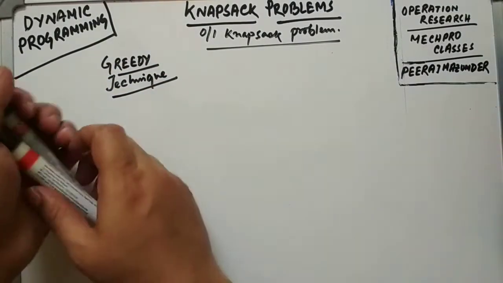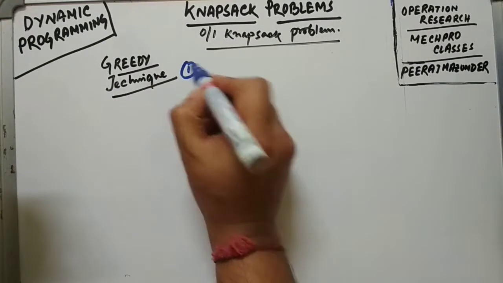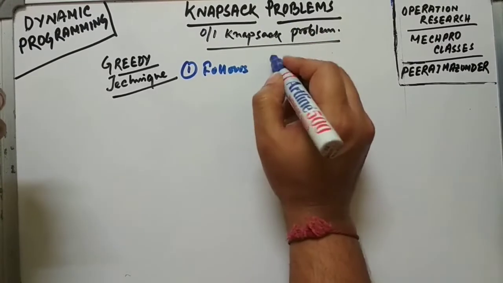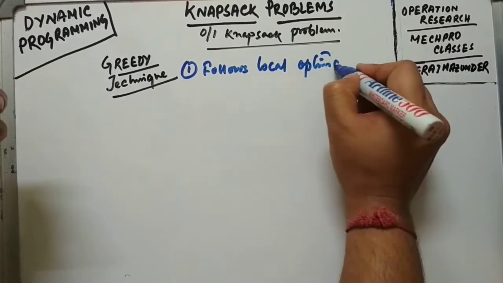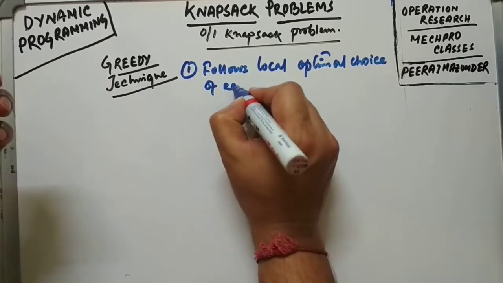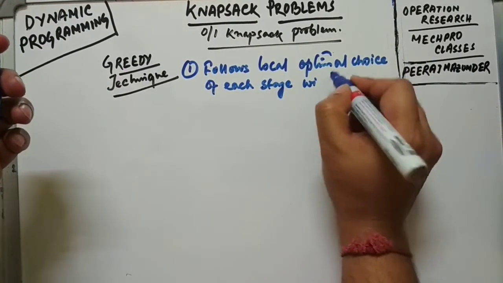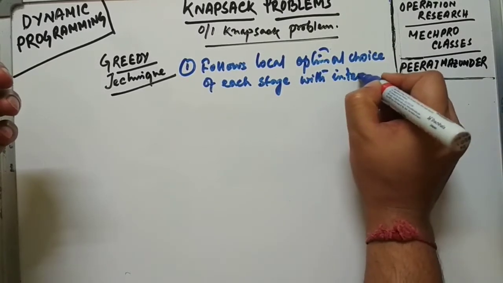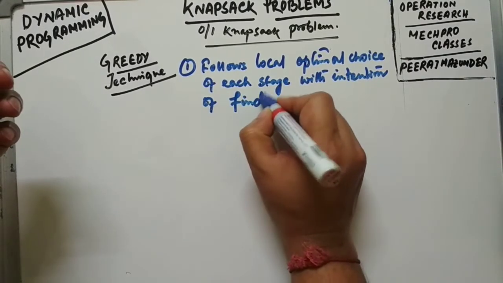Now this greedy technique, in short, I can tell you, you can make a note: it follows local optimal choice of each stage with the intention of finding a global optimum.